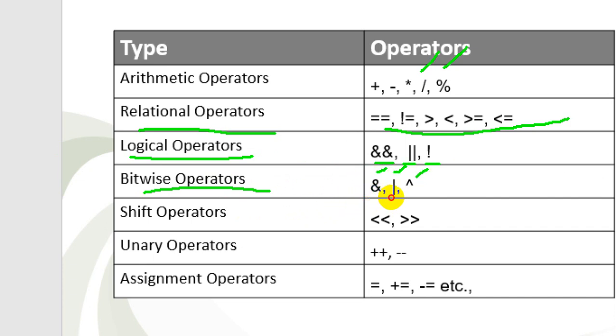XOR stands for exclusive OR. And shift operators, left shift and right shift. And unary operators, which are increment and decrement operators. So we have the concept of pre-increment, pre-decrement, post-increment, post-decrement. And assignment operators, we have learned about equal to. This is exactly the same as a plus equal to and a minus equal to. So we have learned the equivalent expressions for this.